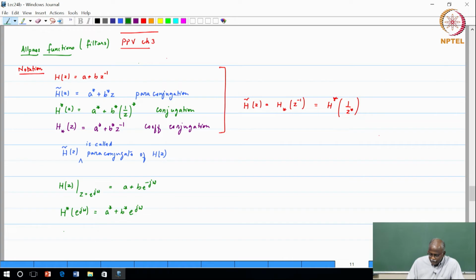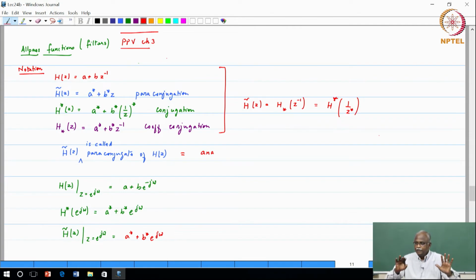Now, please evaluate H tilde of Z at Z equal to e to the j omega, you actually get the same thing: A star plus B star e to the j omega. So, the reason we have defined the para conjugate is because this is the analytic extension of conjugation on the unit circle. That is as simple as that.